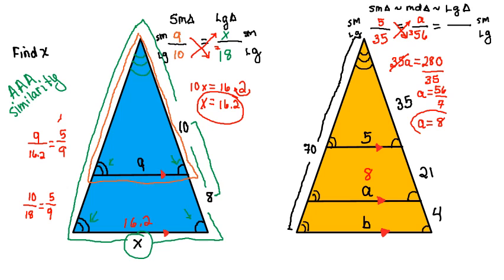Alright, now with that one down, we can actually set up the large one, and you can either set it to the small one here or the medium one because you have both. Your choice. But since I already have my small one here, I'm going to do 5 to 35, and the small side is going to be B, and the large side is everybody added together, 35, 21, and 4, which is 60.